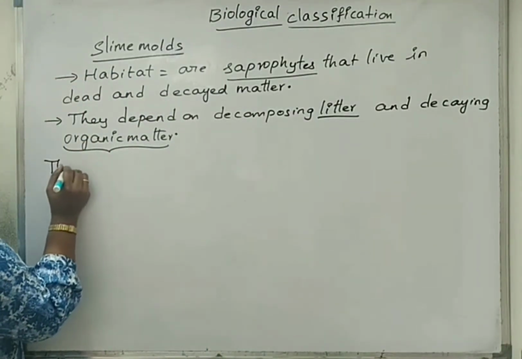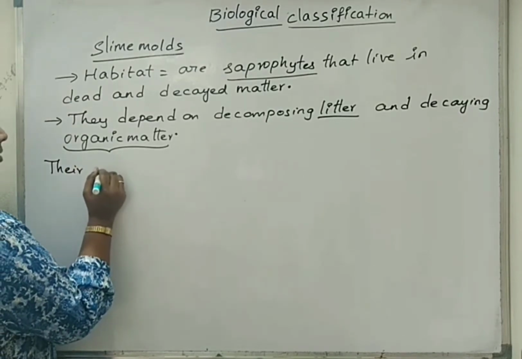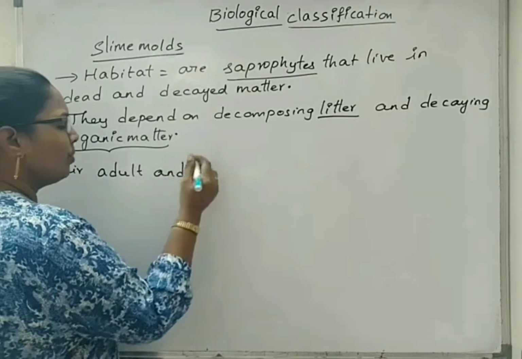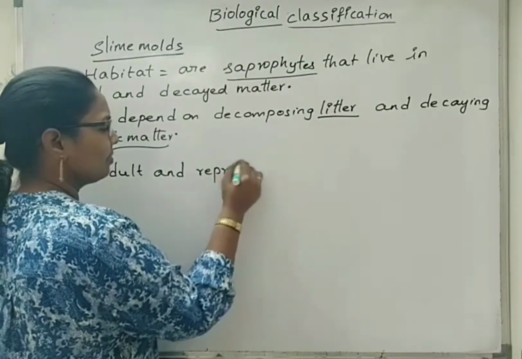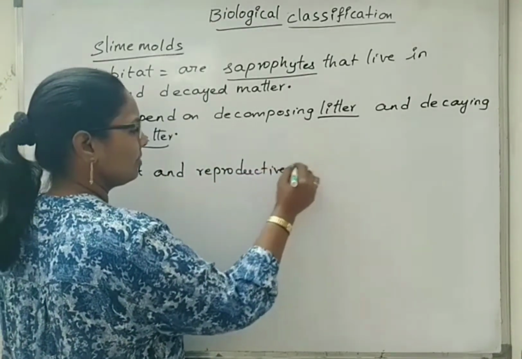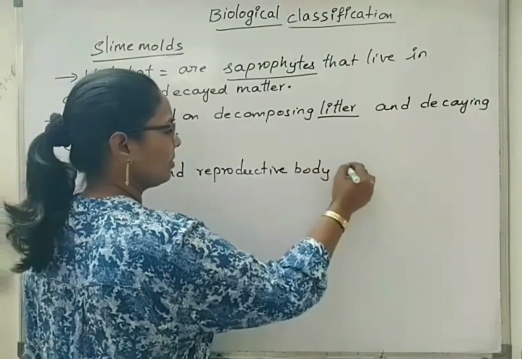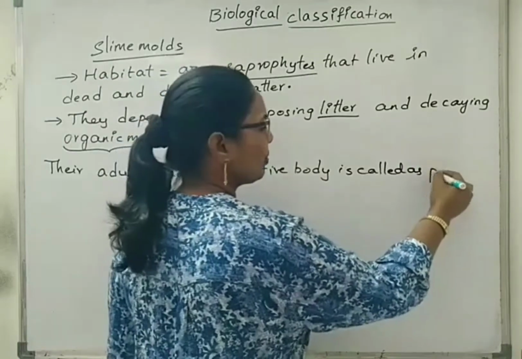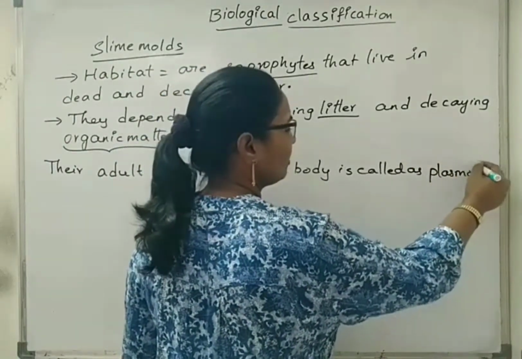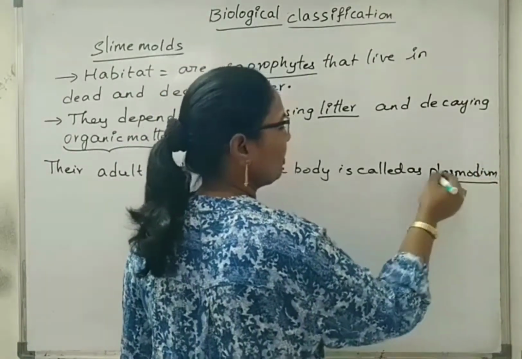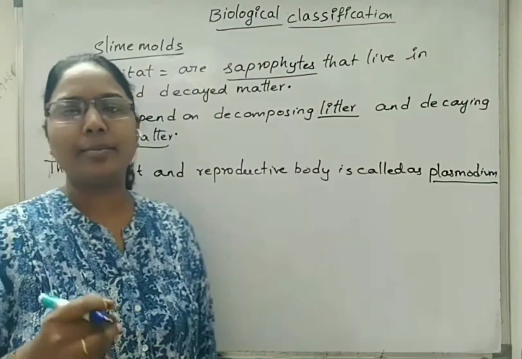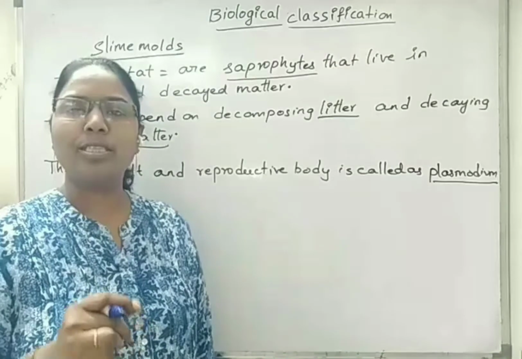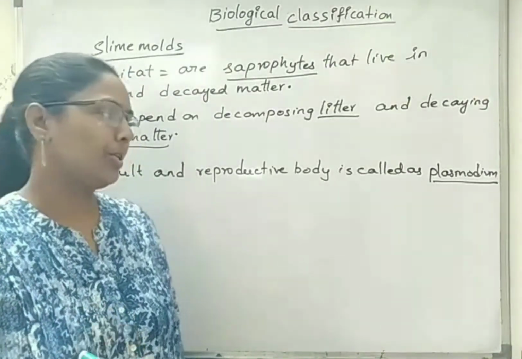So their adult and reproductive body is called plasmodium. Plasmodium we usually read under protozoans till now, but here the adult body of slime molds is also called plasmodium.